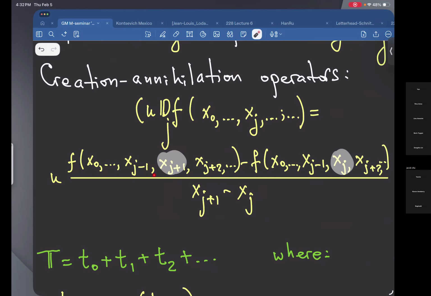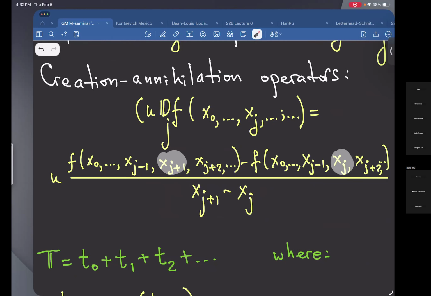It takes a function in one variable and produces a function in two variables, correct? Out of xj, you get a function in xj plus 1, xj plus 2. So if you have infinitely many variables, then this is a formula for my operator.